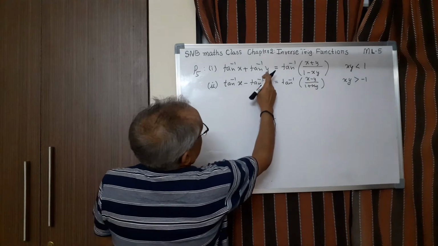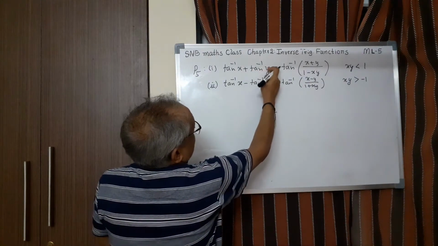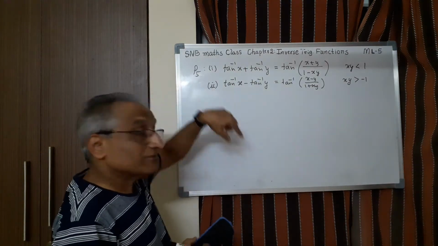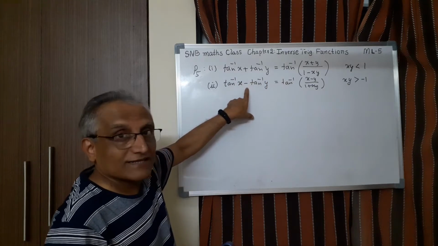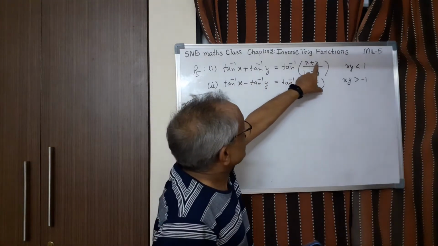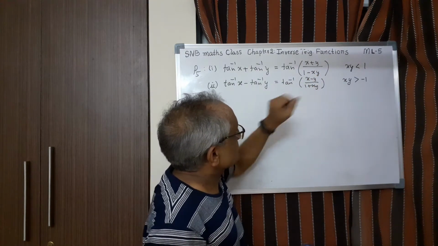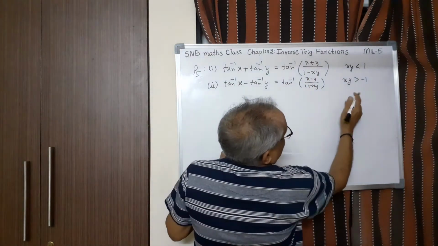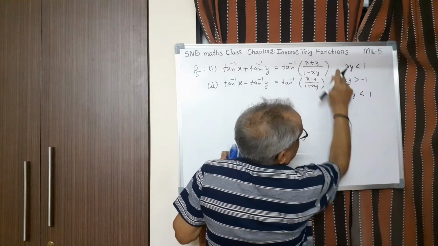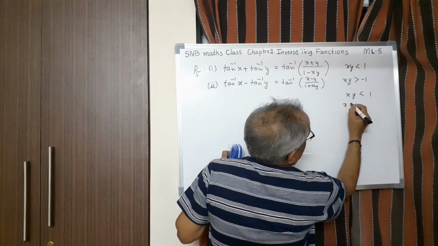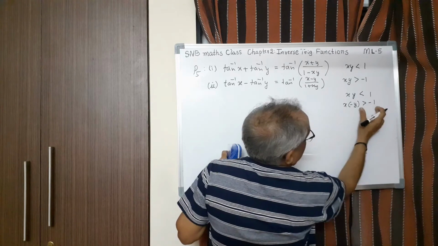Imagine that you are replacing y by minus y. What happens here? So here it becomes tan inverse of minus y. And in the previous property I have seen, tan inverse of minus y is minus tan inverse y. Right? Here, x becomes minus y. This also becomes minus y. So this becomes minus y, this becomes plus y. Why this condition? You see here, xy less than 1 is the first condition. Suppose you take x into minus y, then I have to multiply by minus 1 here also.